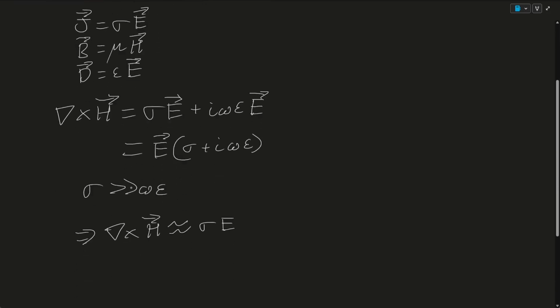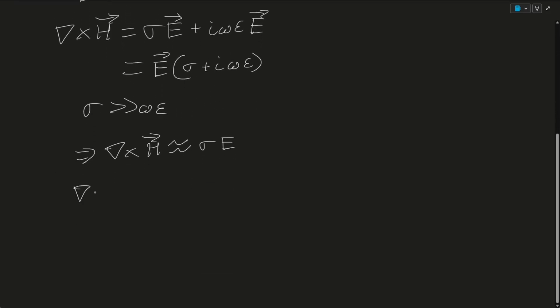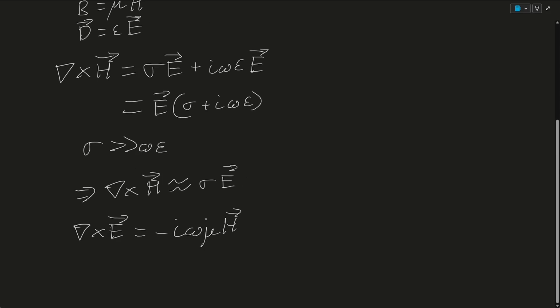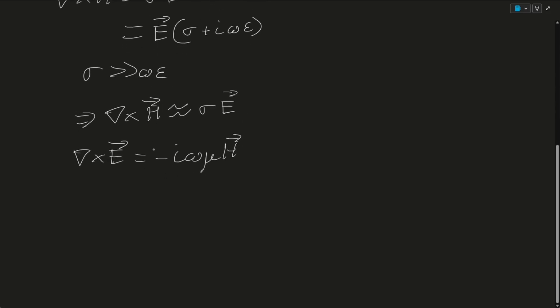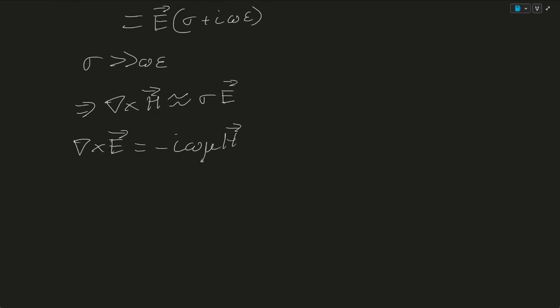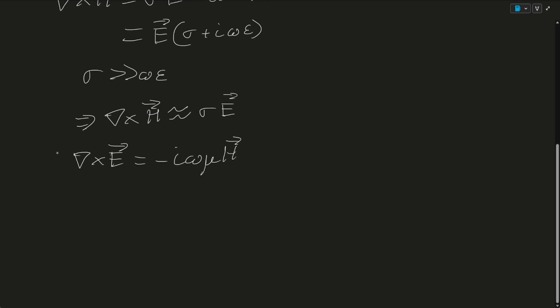Doing the same for Faraday's law, the curl of the electric field is minus i omega mu H. I forgot the arrows; I'm going to be forgetting my arrows a lot. Since I wrote notes in LaTeX, I can just throw it in bold, but it's hard to do that when actually writing. So, that's what we got.